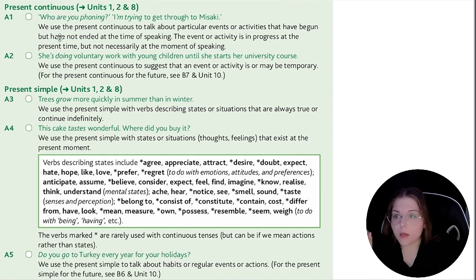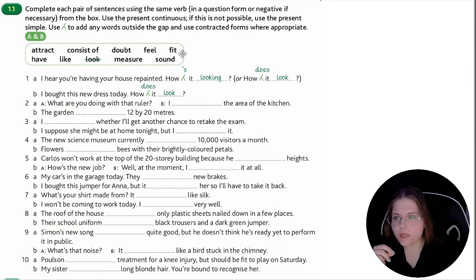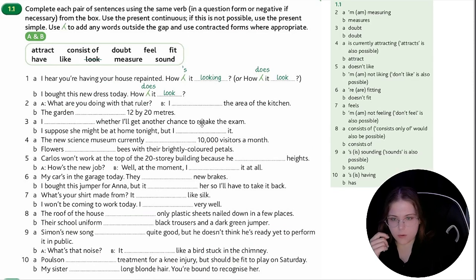It continues to talk about particular events that have begun but have not ended at the time of speaking. So this is something on the background. Maybe this is happening right now. By the way, attracts is also possible if this is just a fact.